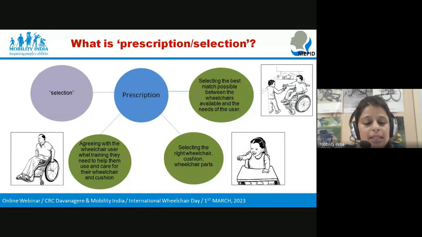Prescription means selection. Select the appropriate wheelchair and the best match based on the types, components, and also cushions wherever required, and the type of cushions. Also agree with the wheelchair user on which training needs to be done for easy propelling.